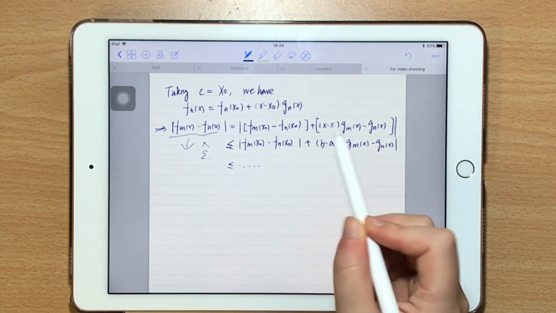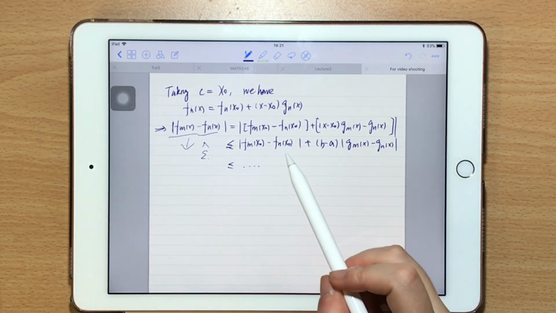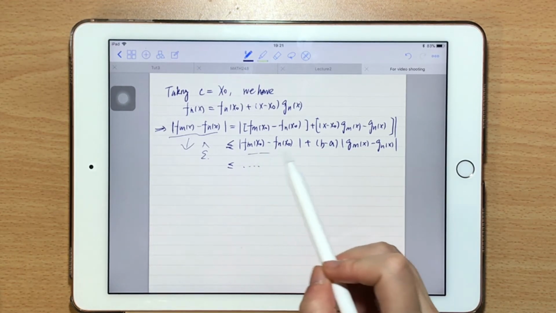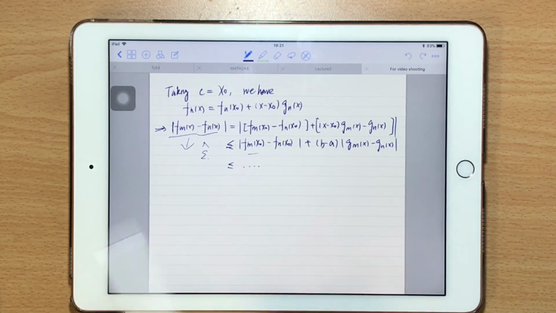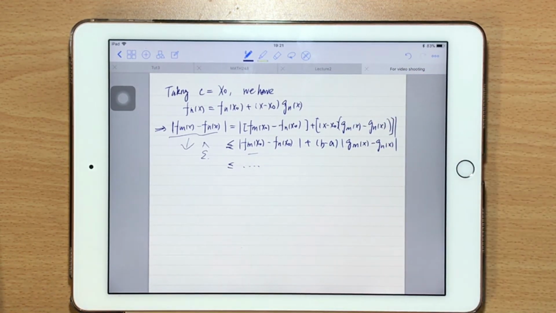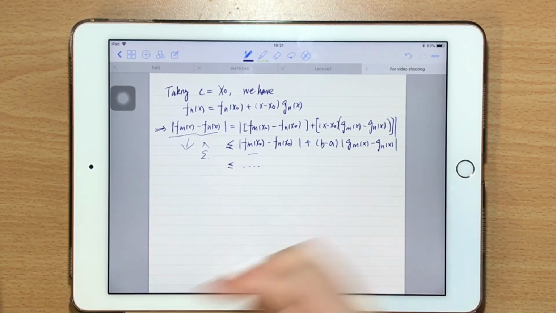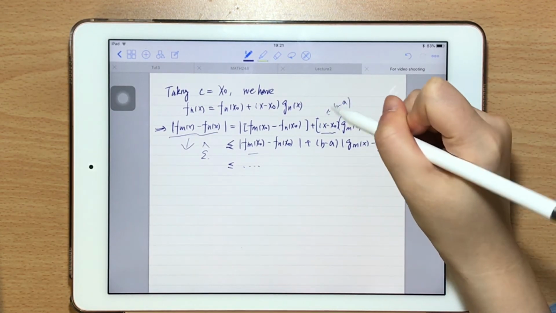To expand f_m(x) and f_n(x), we get f_m(x naught) minus f_n(x naught) plus x minus x naught times g_m(x) minus g_n(x), right? This part will be smaller than b minus a times epsilon.